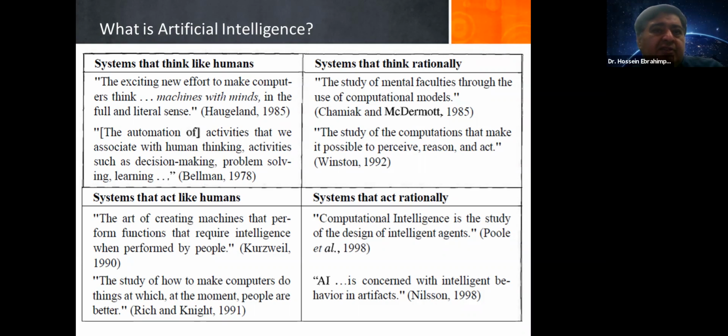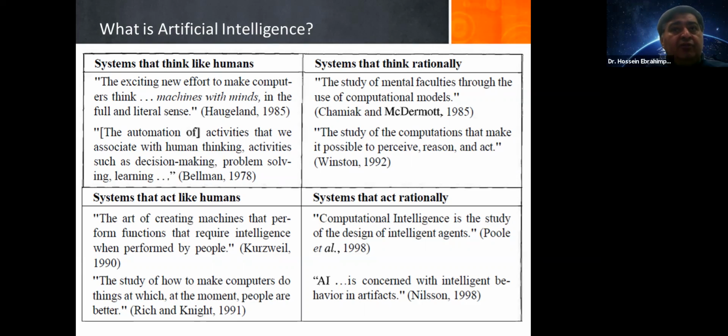And finally, the fourth definition goes back to scientists like Professor Russell and Professor Norvig, who say that a system can be an artificial intelligence system if it can act rationally. To make it happen, we need to make something that we call an intelligent agent. So this group of people believes in agent-based systems.